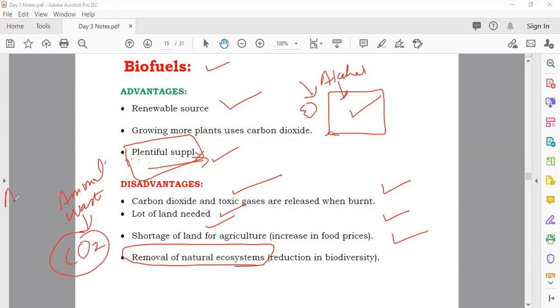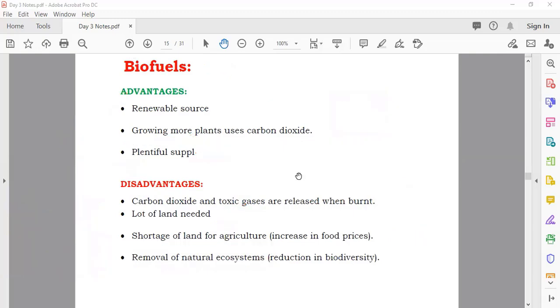If you are taking alcohol and you burn it, carbon dioxide is not produced. So both are biofuels, but sometimes one biofuel creates the issues and the other does not. So don't be confused about this one. Can I move forward?